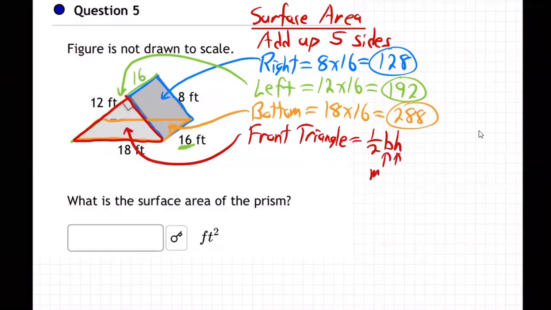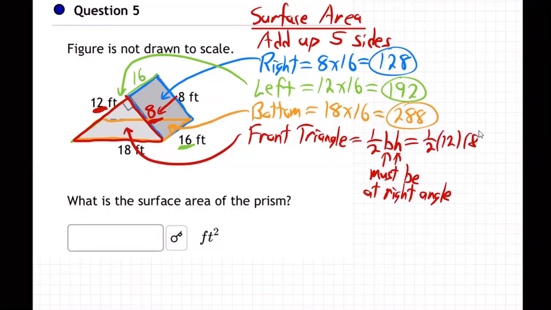Base and height must be at a right angle, right? Base and height have to be at a right angle. So I'm going to bring over this 8. It's the 12 and the 8, isn't it? So it's a half times 12 times 8, which is 48.